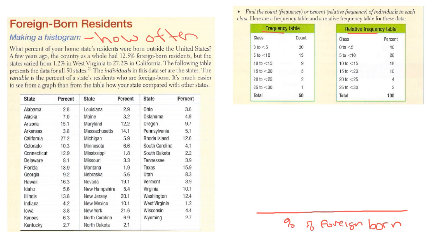And then remember the histogram. A histogram is done, let's just do the frequency one. So let's see, my highest one is 20. Okay, so I've got 4, 8, 12, 16, 20, 24. That's high enough.